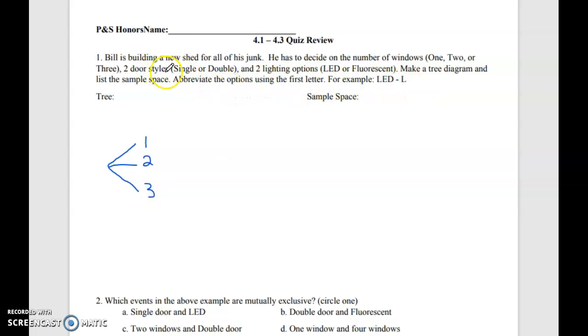And then from there he has 2 door styles. So if it's a one window house, he could still do either door style. So that's single or double. Same thing, he could have 2 windows, but then he could pick single or double door. And then last, he could do 3 windows in the shed and then a single or double door.